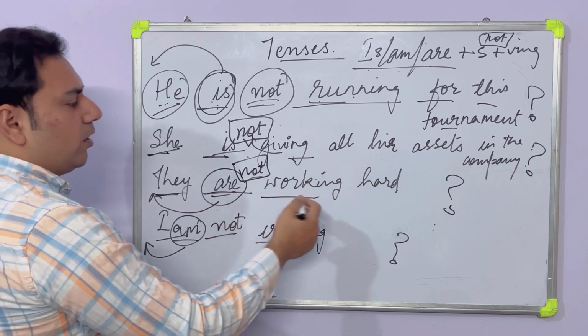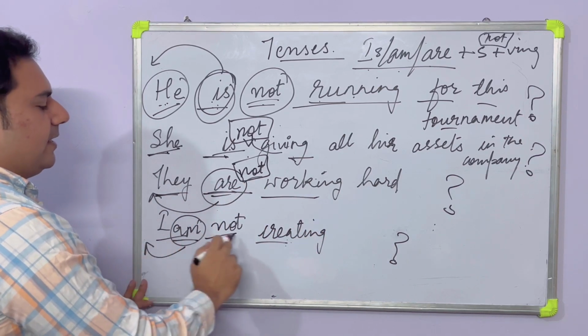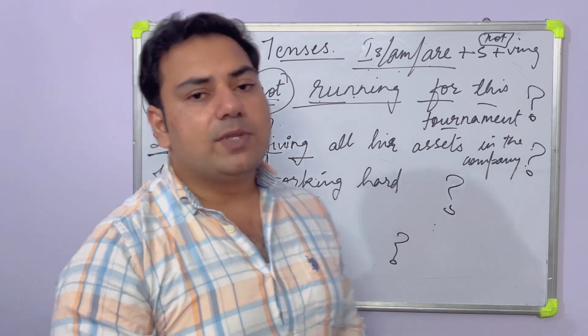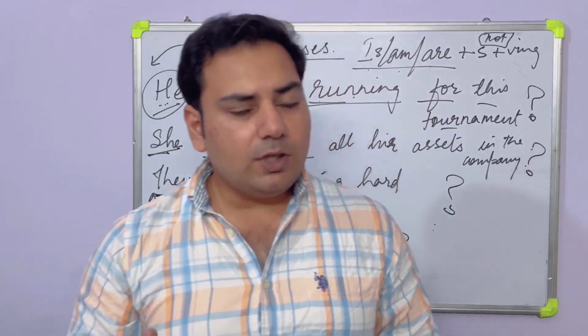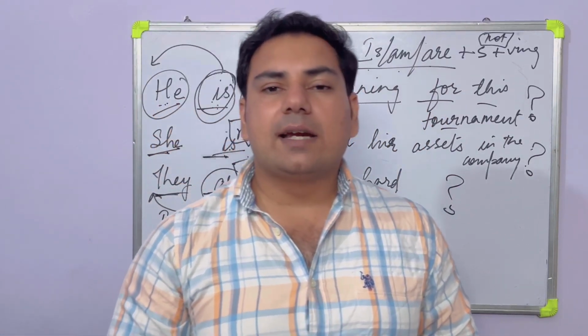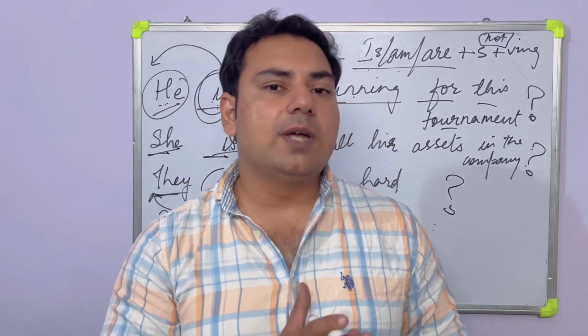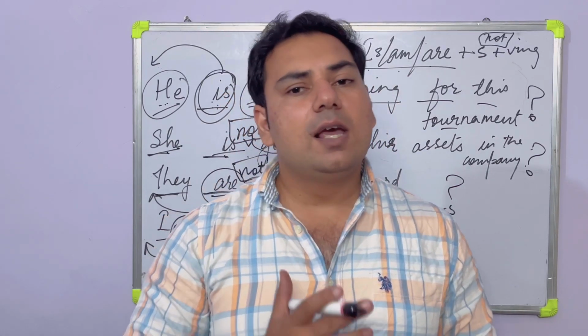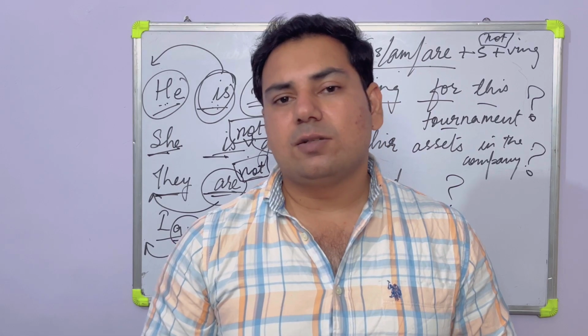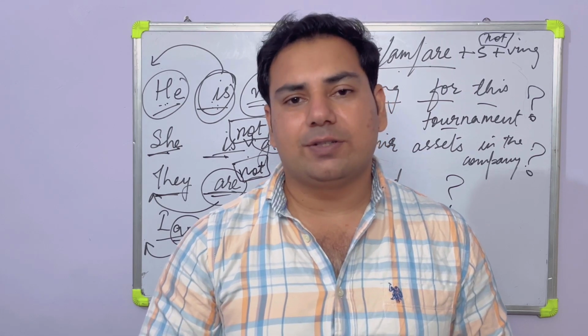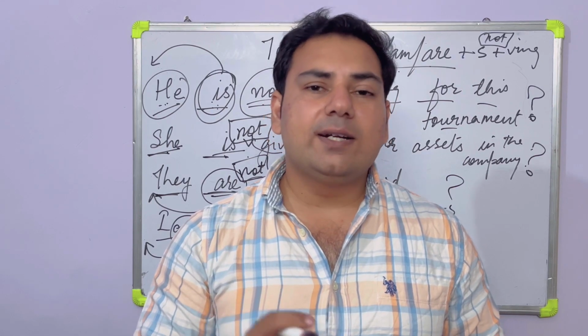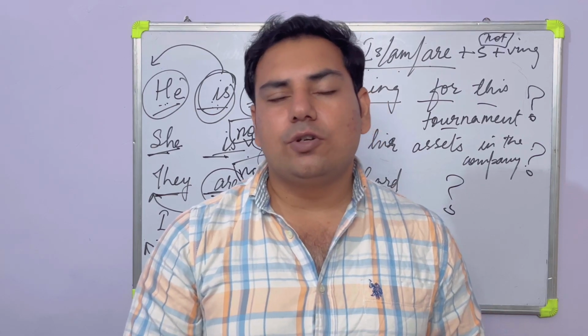Are they not working hard? Am I not creating something new in my life? So this is how you can make the negative interrogative sentences. I hope that you have understood this concept as well. And now we will be moving to the next part, which is present perfect. So please write down a few examples of your own.